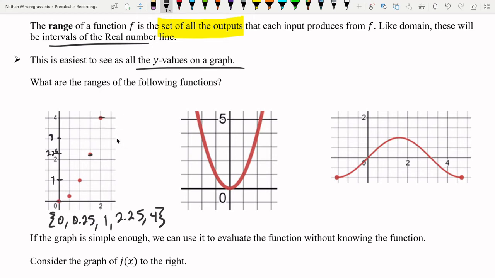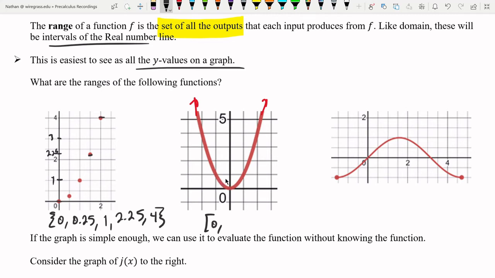It's just a bunch of dots. For this one, you can see that the graph extends indefinitely upward because it goes off the page. So that means you just keep the trend going. And you can see the lowest value here is at 0, the y value of 0. It doesn't go below that, so we know it must start at 0.